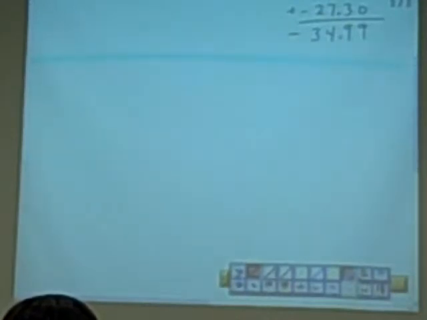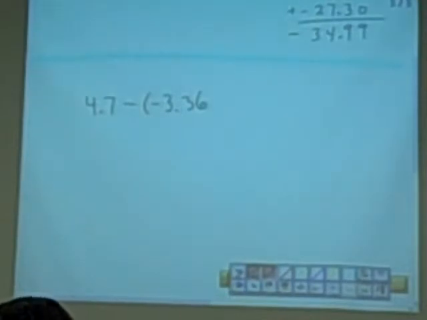Here we have 4.7 minus, and then we have a negative 3.36, close parentheses, minus 9.63. Okay?